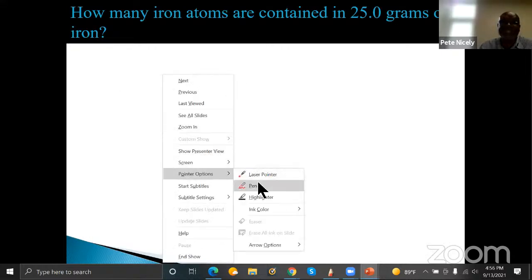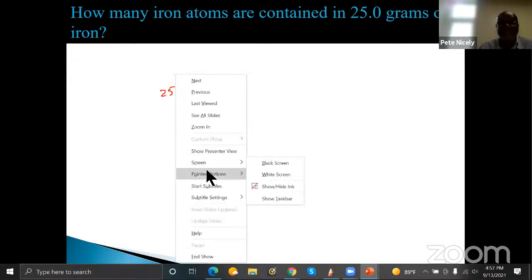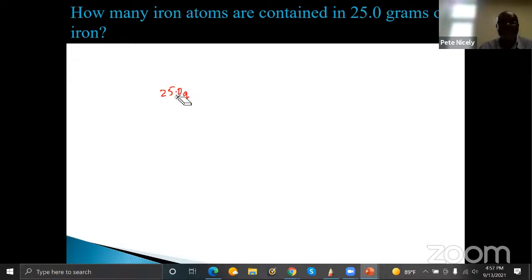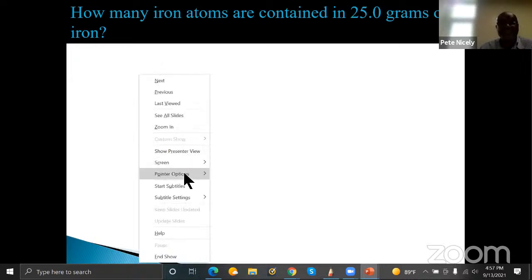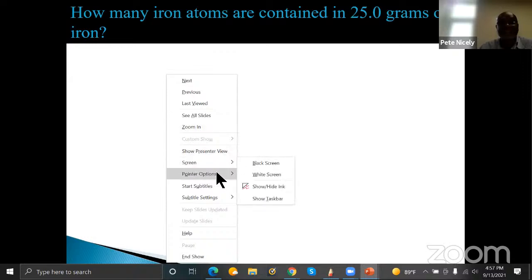So the way I would do this is I would start off with the 25.0 grams. Let me erase this first, and let me go back to my pointer to get a pen.